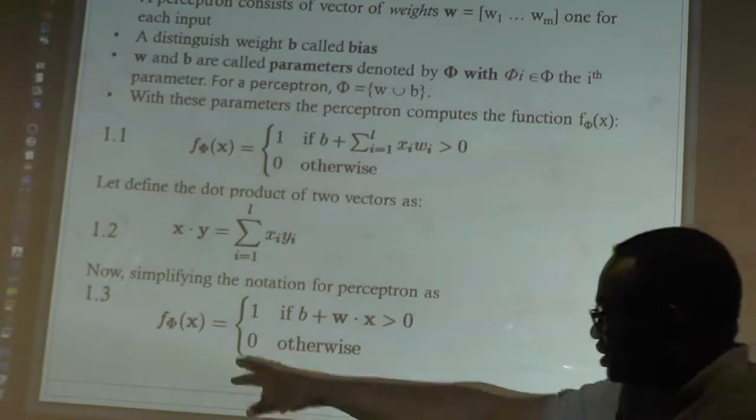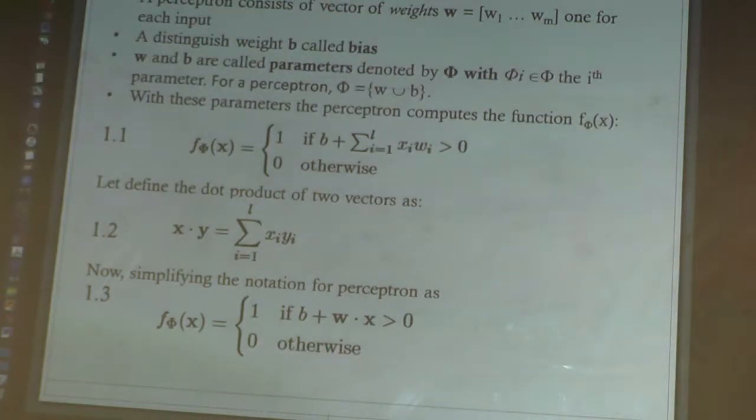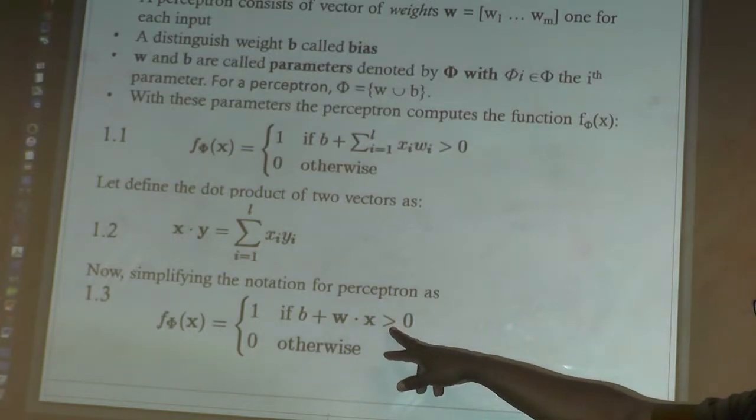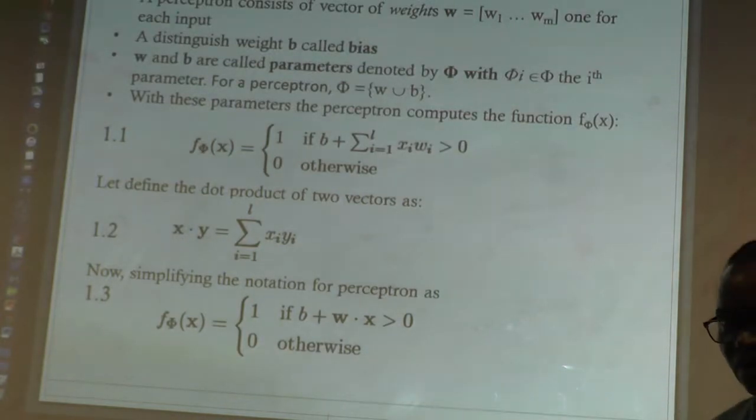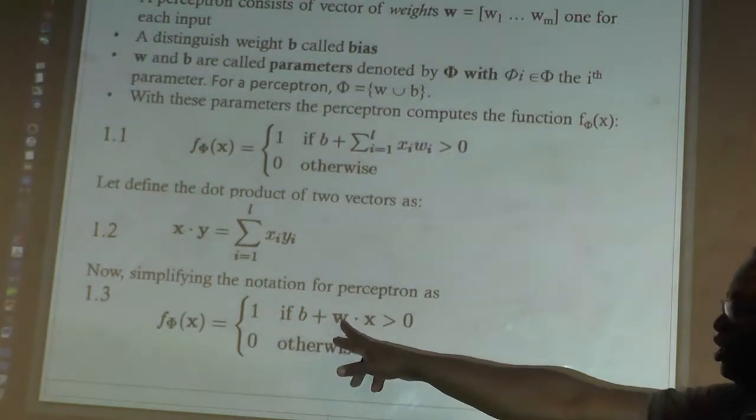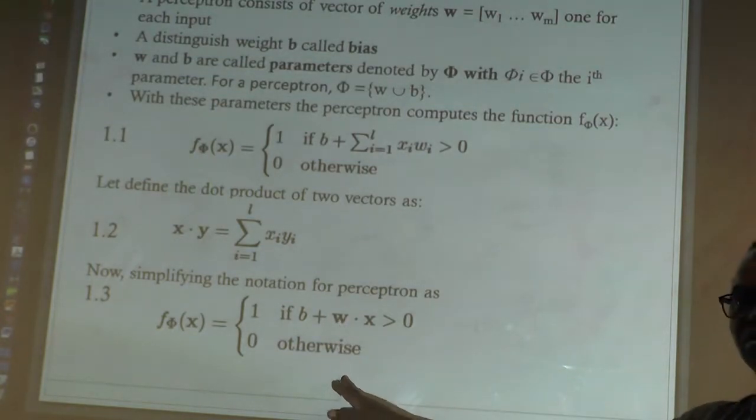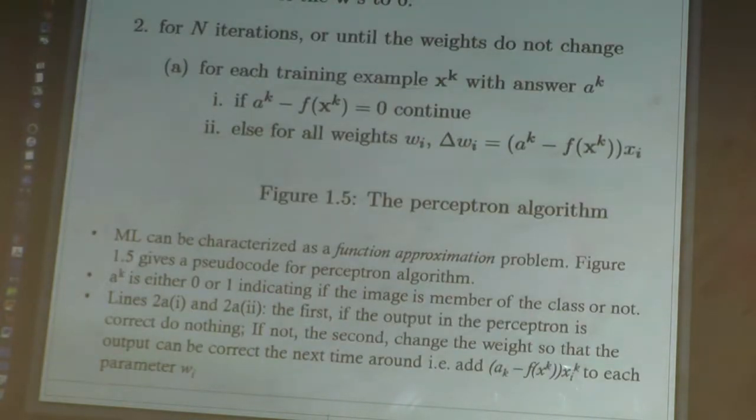Now our perceptron is that. It's equal to 1 if that is greater than 0. It's equal to 0 otherwise. That is, when you take the feature x, if it is in the target class, this should be greater than 0. If it is not, it should be any other value. Okay. Any questions so far?